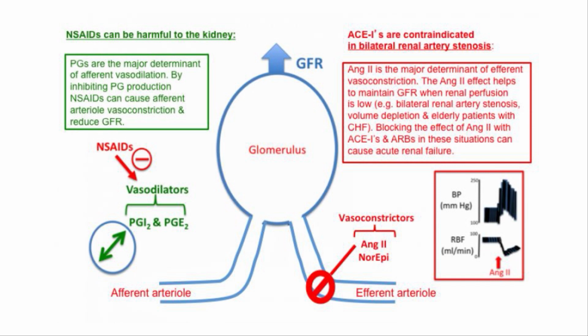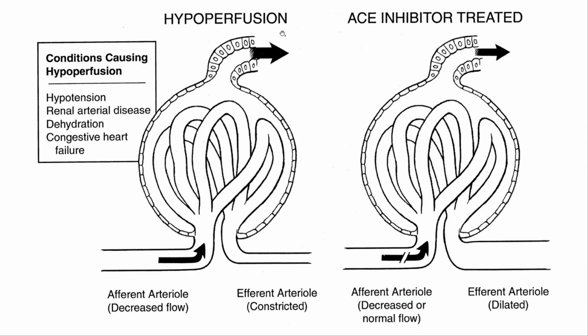In renal artery stenosis, glomerular filtration is maintained because the efferent arteriole is kept in a constricted state by angiotensin II. If you give an ACE inhibitor, you remove the effects of angiotensin II, and you will drop someone's glomerular filtration rate. That's okay if they've only got renal artery stenosis on one side, but if it's both kidneys, you'll drop the GFR in both kidneys and give someone a very serious case of acute kidney injury.